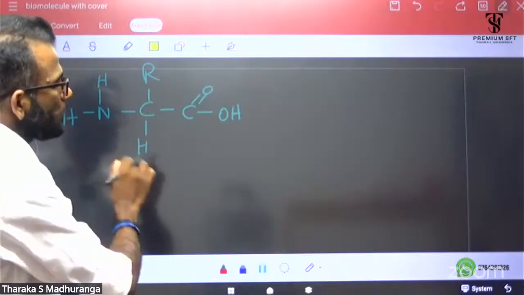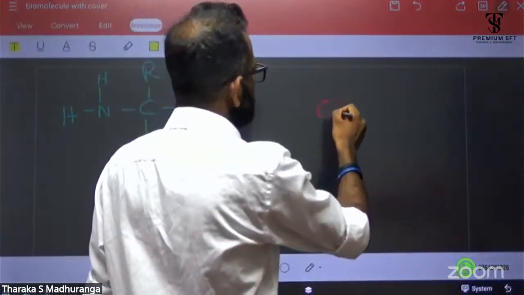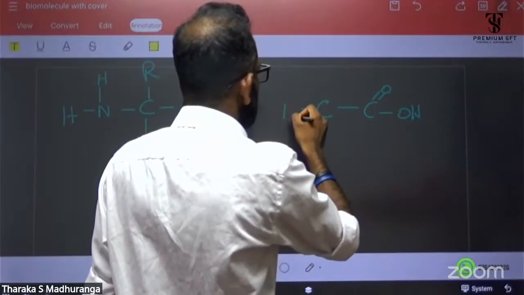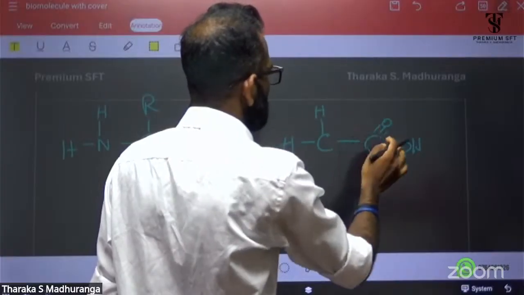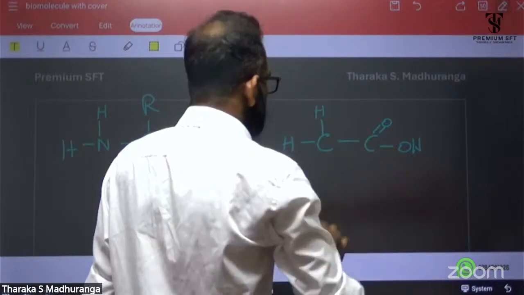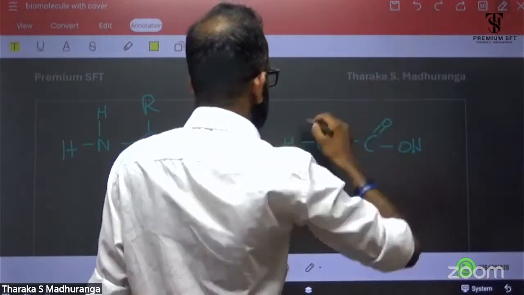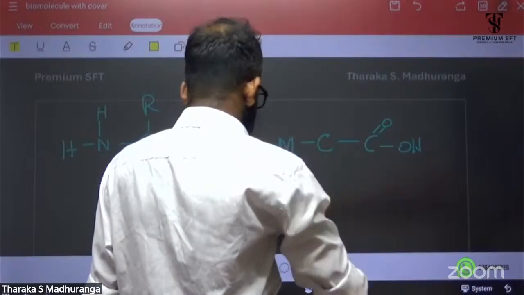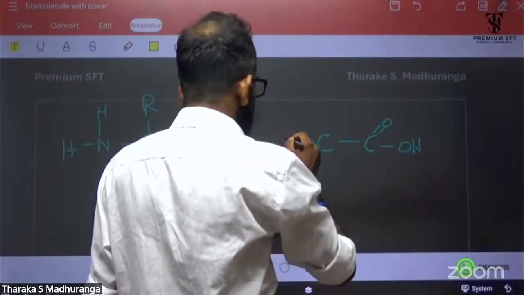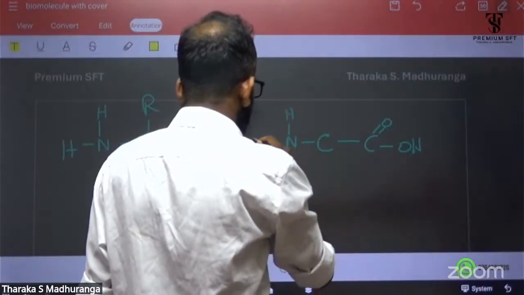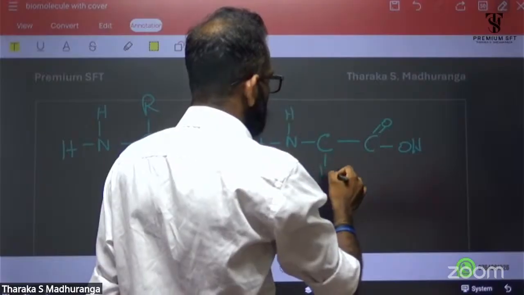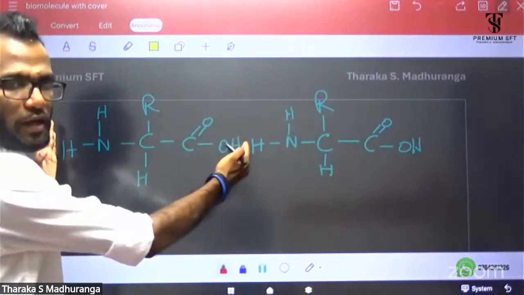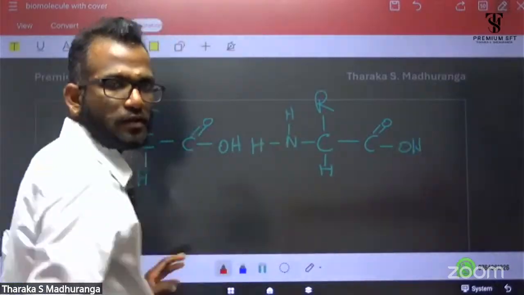This is another amino acid. These are common structures.